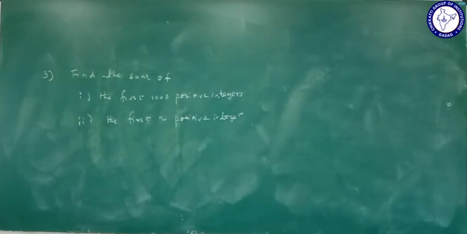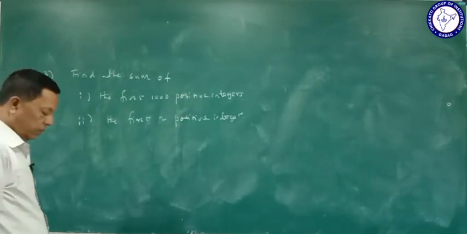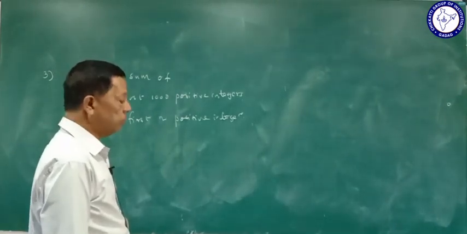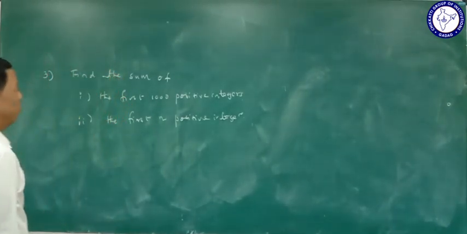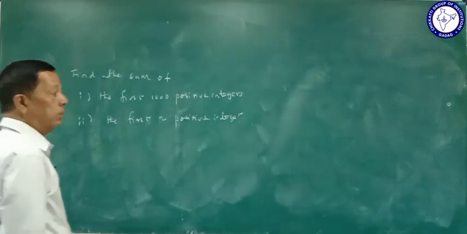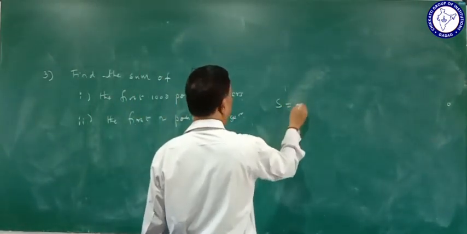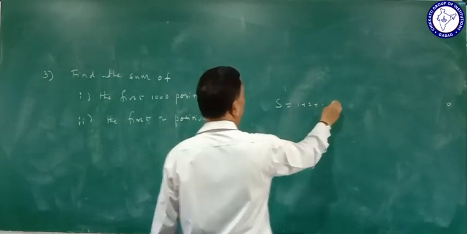The first 1,000 terms means 1 plus 2 plus so on, S is equal to 1 plus 2 plus so on.